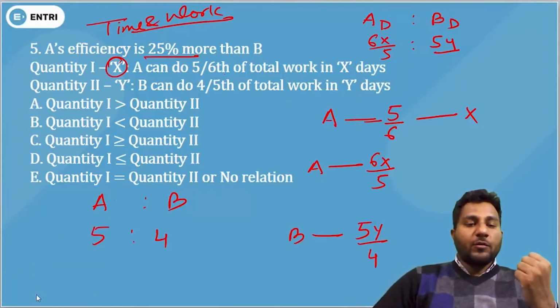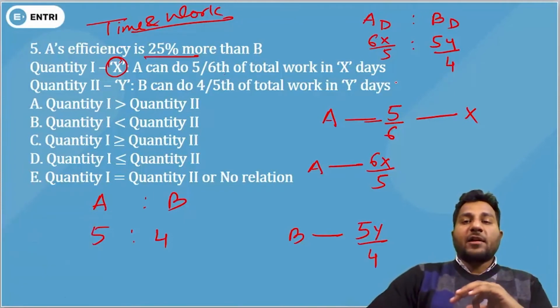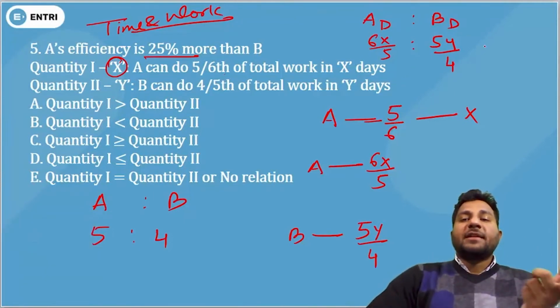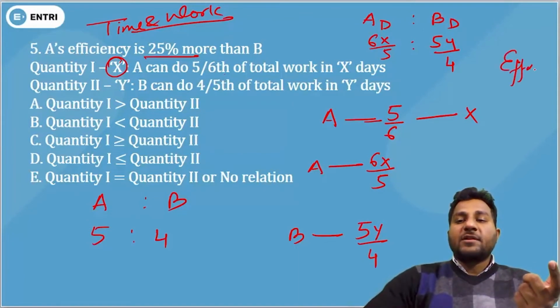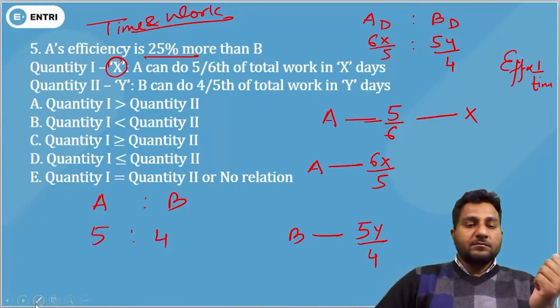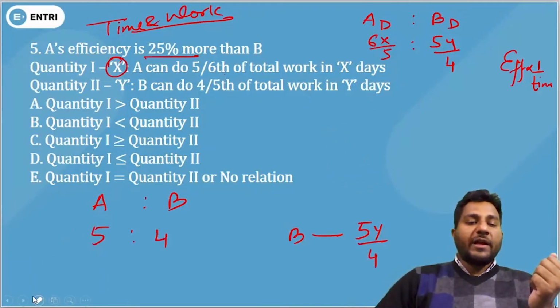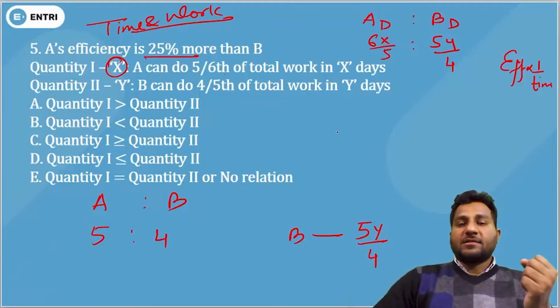Now watch it carefully. Now let's reverse them. Why? Because the efficiency is inversely proportional to time. We must reverse them and equate them with their efficiencies to get the final answer.